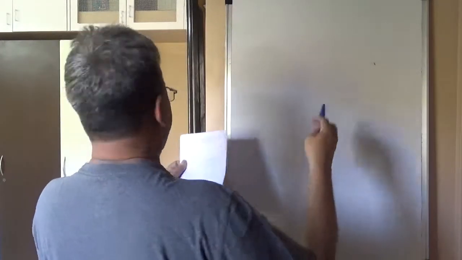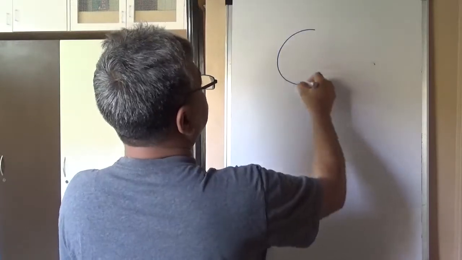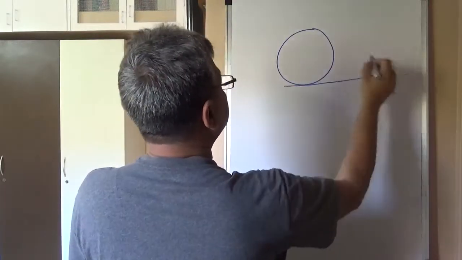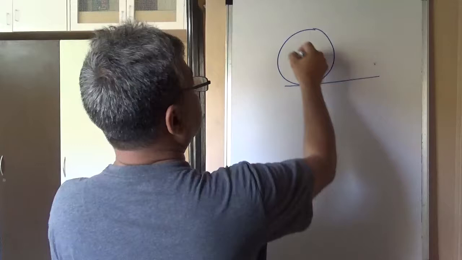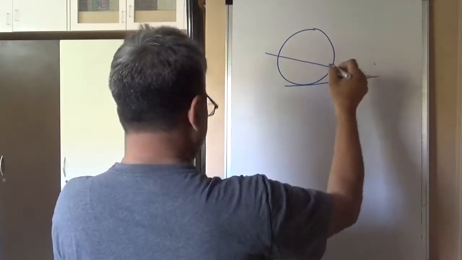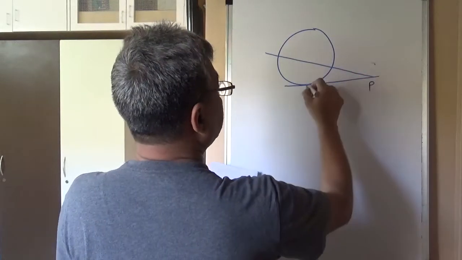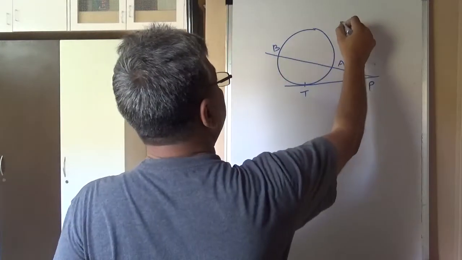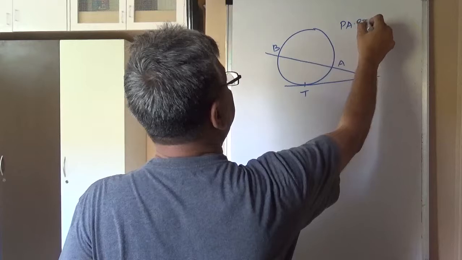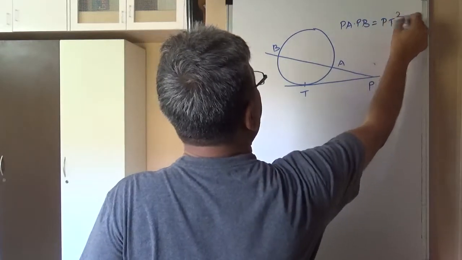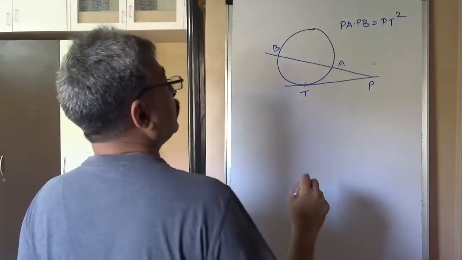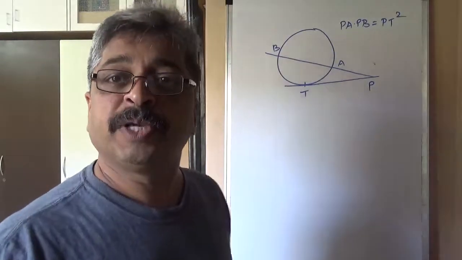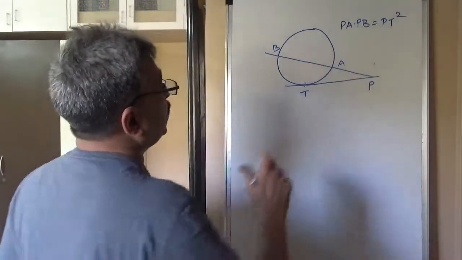Let us see an application of the tangent secant theorem. We have a circle and a tangent, and there is a secant which cuts the circle in 2 points. Let this be P, let this be T, let this be A, let this be B. We are supposed to prove PA into PB is equal to PT square, right? Now again, this is similar to PA PB equals PC PD.